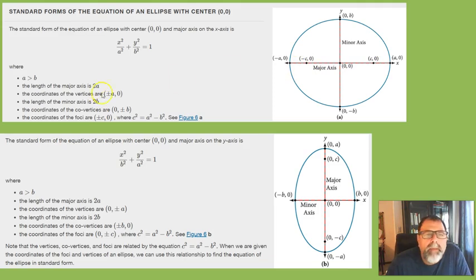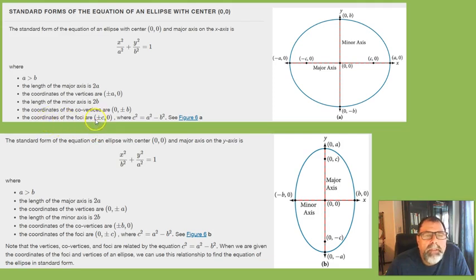So that would be 2a. The coordinates of the vertices are plus or minus a, 0, like we just talked about. The minor axis is going to be 2b. If you take the square root of b squared, that gets you b, and you go up b and down b, so the length of the minor axis is 2b. And the coordinates of the co-vertices are 0, plus or minus b.